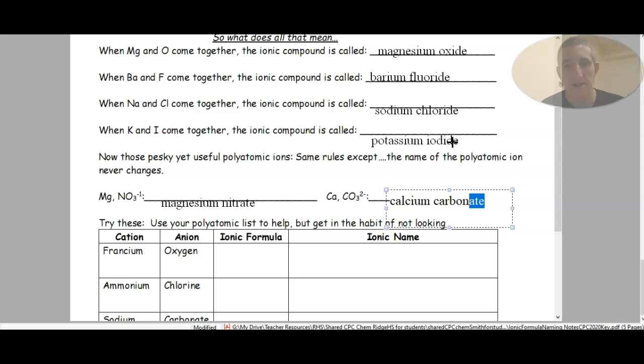There are a couple of polyatomics that have an IDE ending, but most of them are ITE or ATE. But notice it's not just carbon, it's carbonate. Carbonate gets synced with CO3 2-. And just this name is enough for me to go ahead and crisscross to get the ionic formulas that we've been working on before.